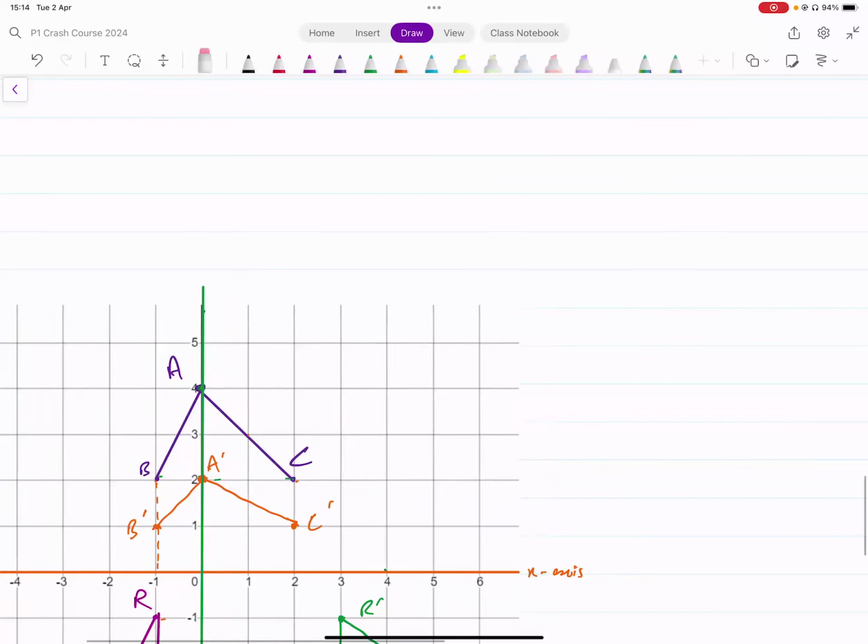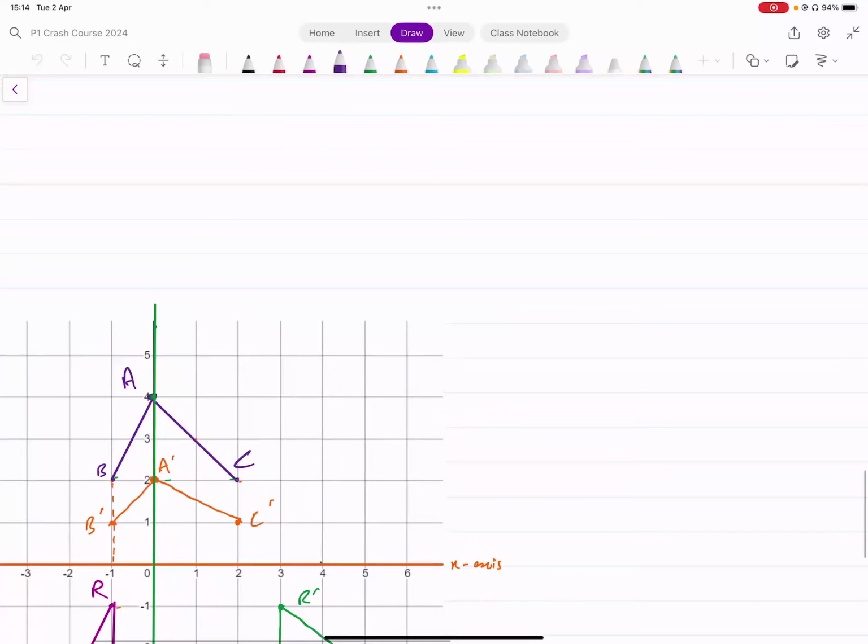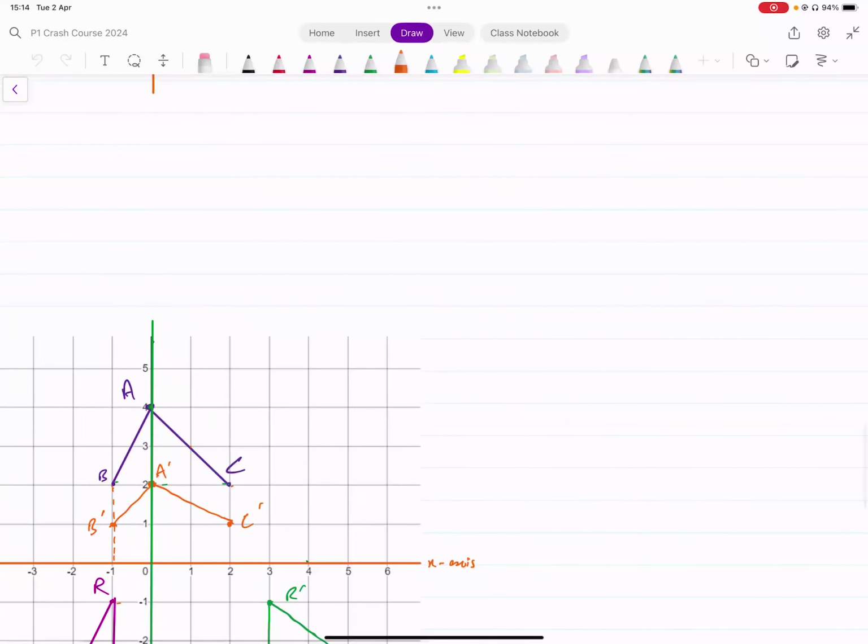Vertical. This is vertical stretch because the movement of the graph is vertical. So you would either say it's a vertical stretch, or you could say it's a stretch along y-axis. Any of these two phrases is going to work. What about the scale factor?